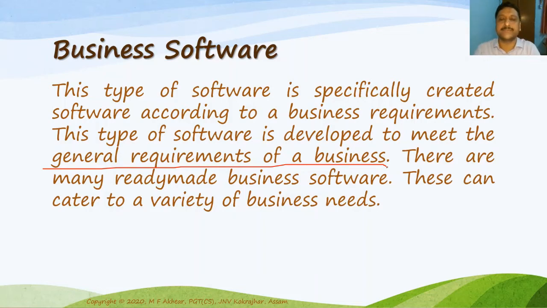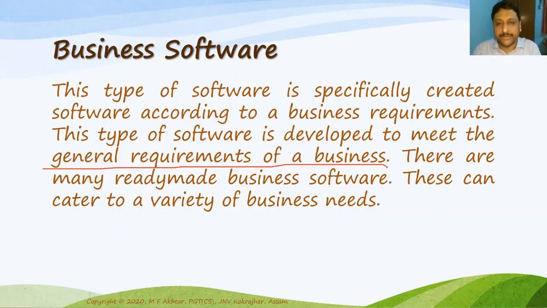Okay, one type of business, say for example, the shopkeeper. So many shops are there. So some general softwares are developed for inventory control. Inventory control means how many products we have and how many products we have sold, what is the available stock. Today, how many sales have been done?